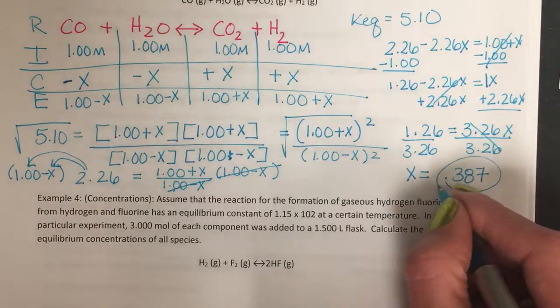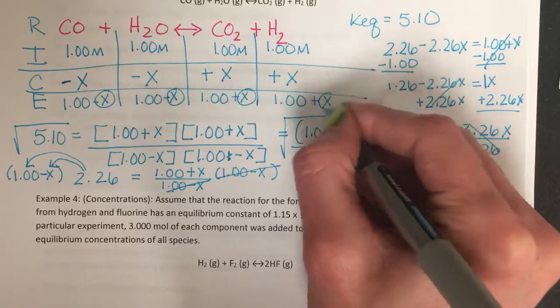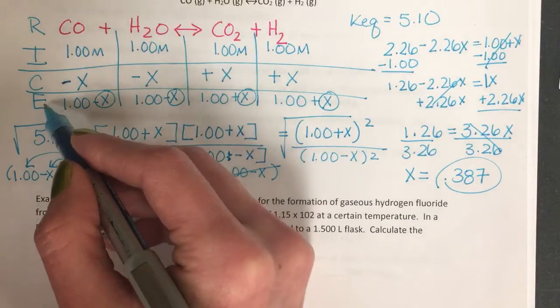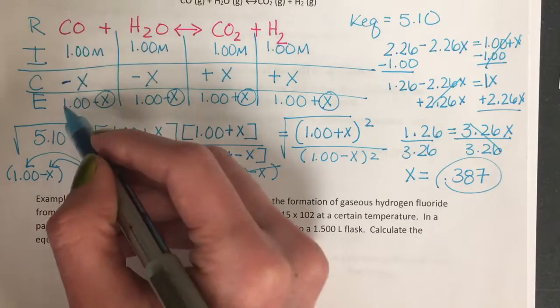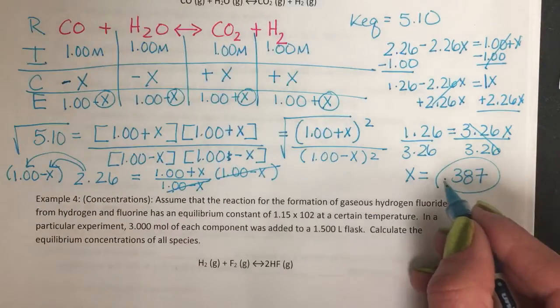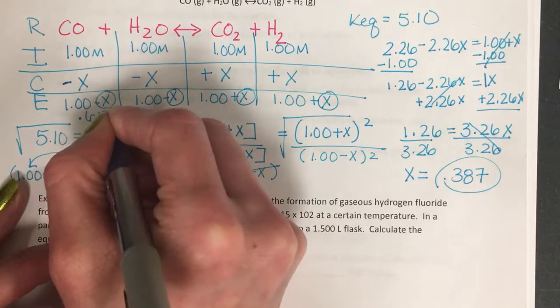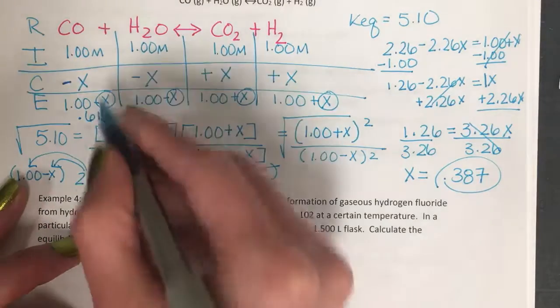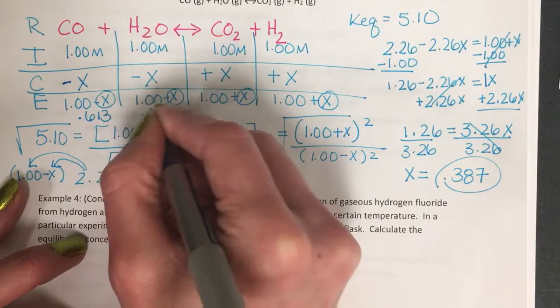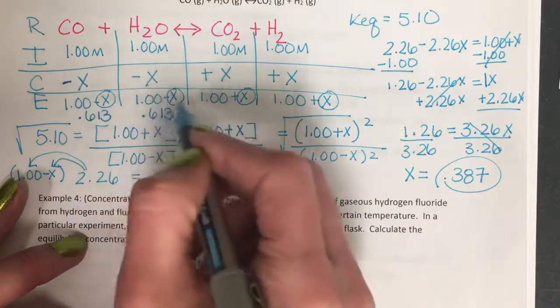This number goes in for all of my x's. So my equilibrium concentration of CO was 1.00 minus 0.387, which is 0.613. This is the same thing for H2O, because it was 1 to 1, they're doing the same thing.